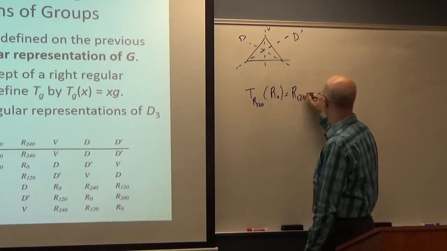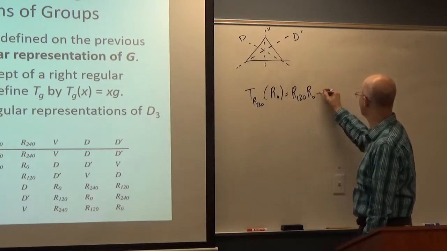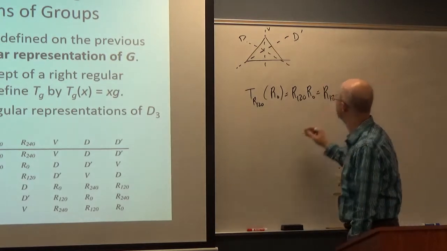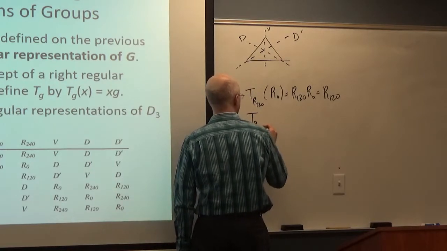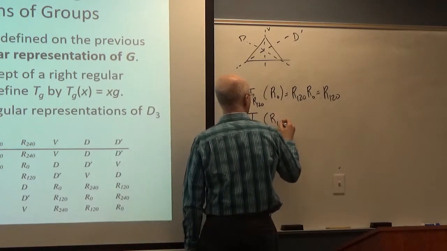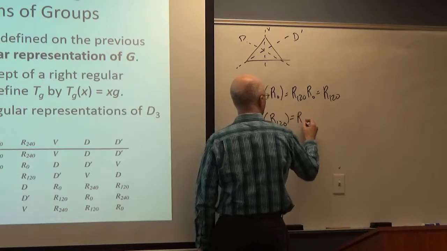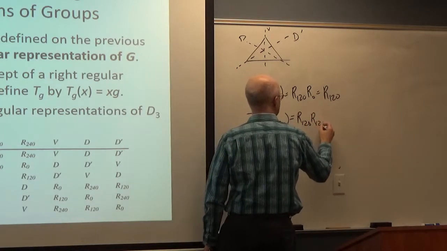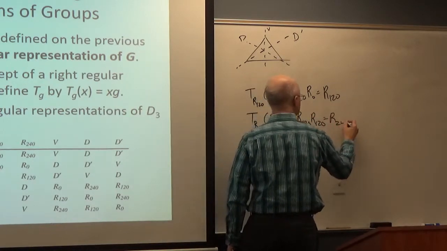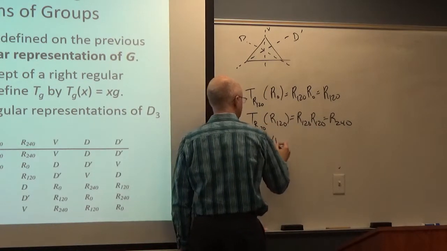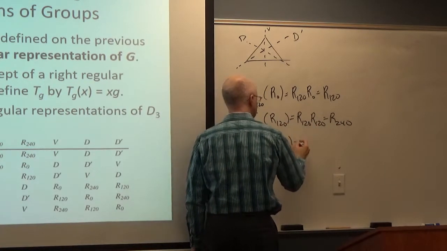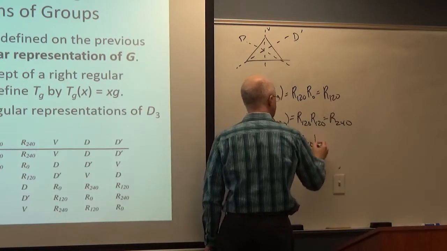We are multiplying by R120 on the left. So when I apply it to R0, I get R120. When I apply it to R120, I get R240. When I apply it to R240, I get the identity R0.